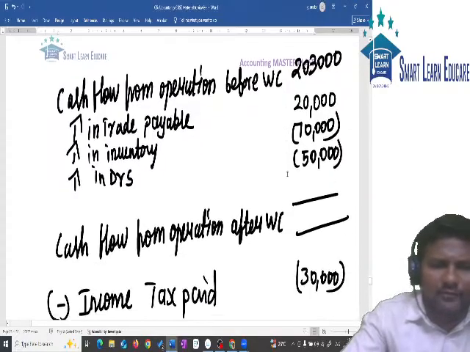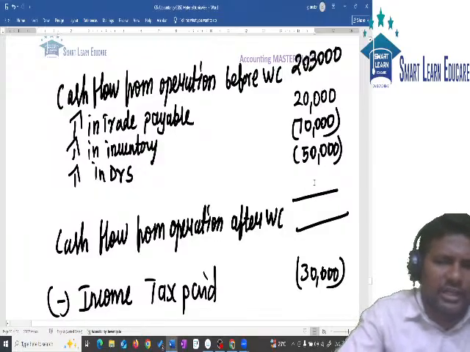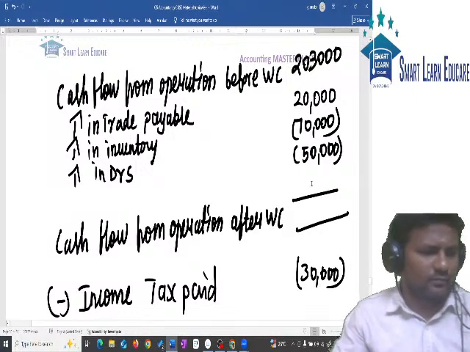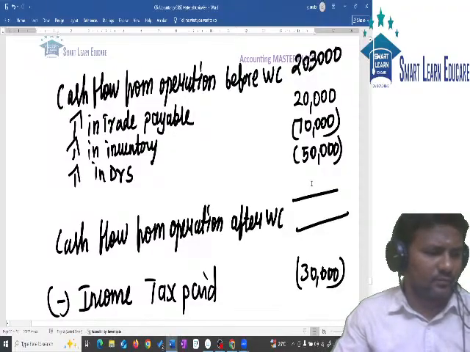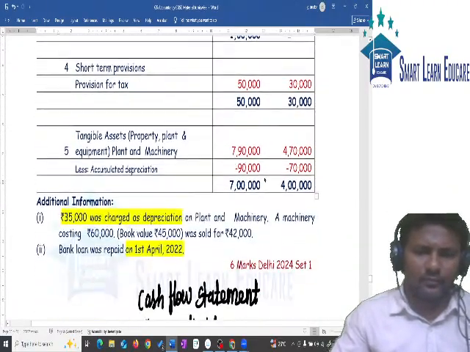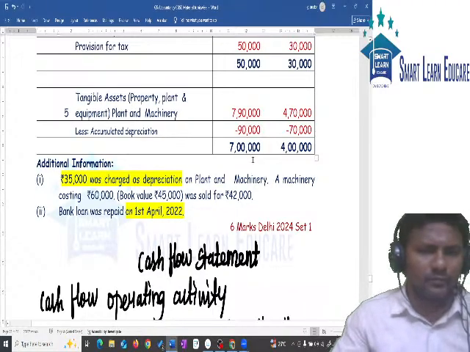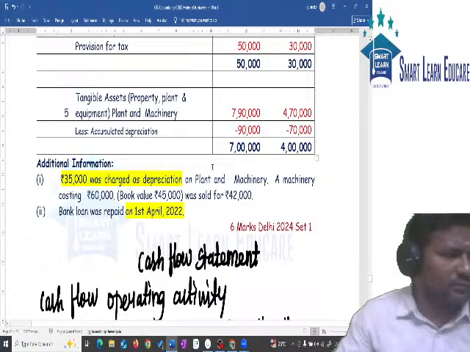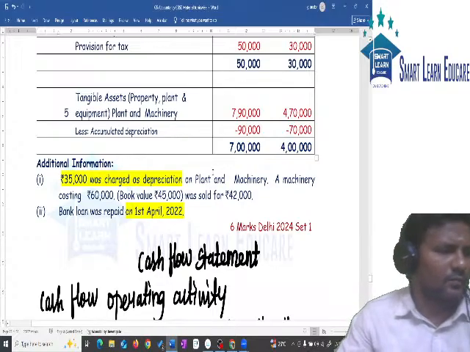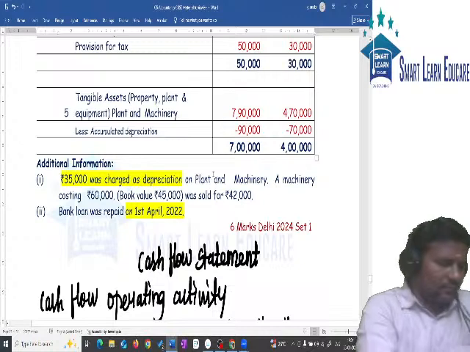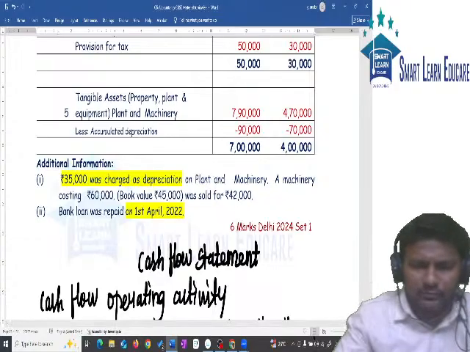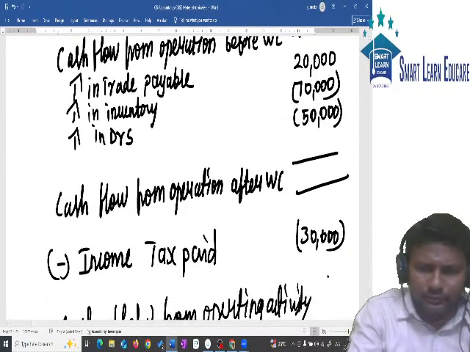அப்ப net profit before cash flow from operation. Can you tell me what is the amount for cash flow from operation? One lakh 3,000. 1,03,000.